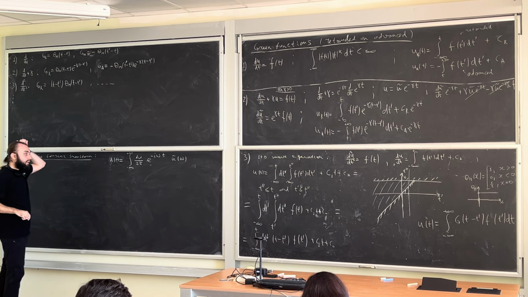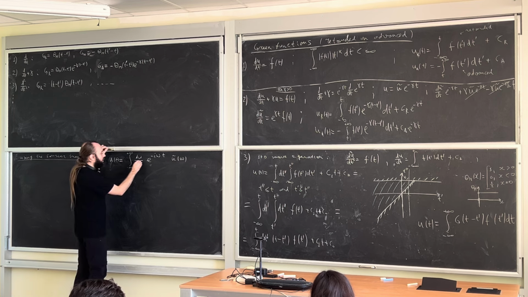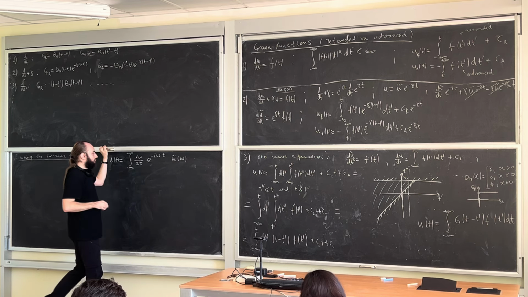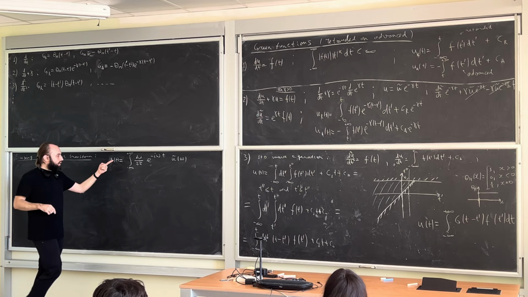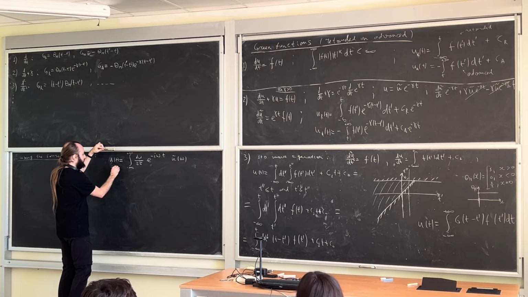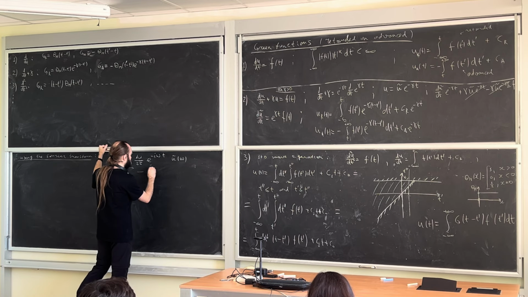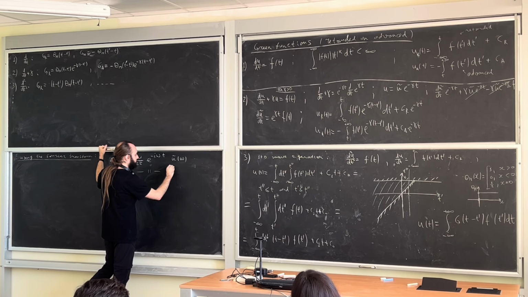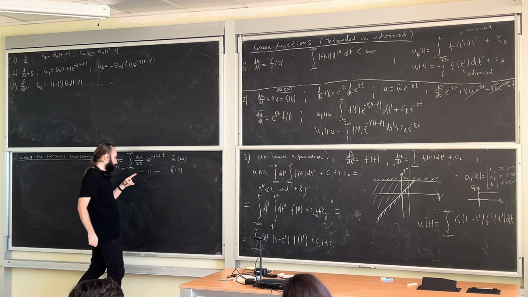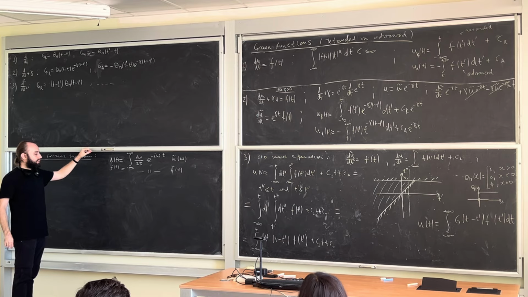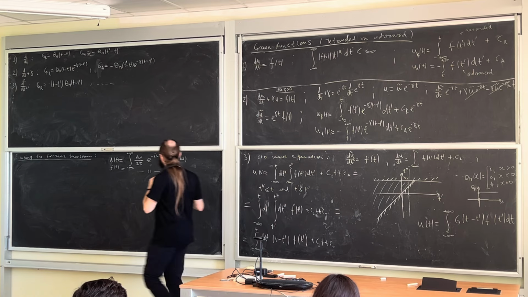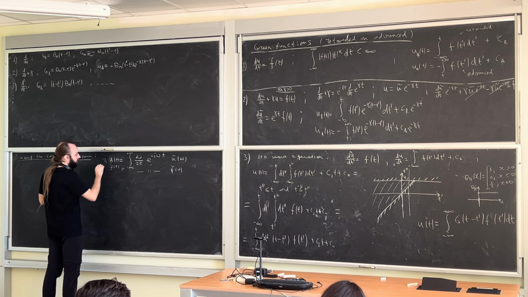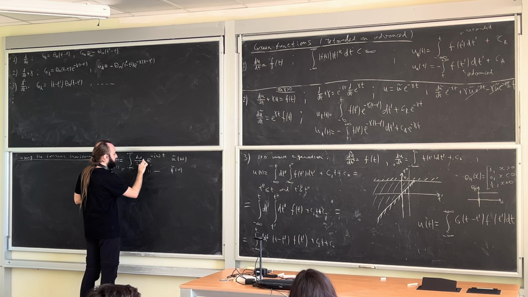The same for f of t. So we see that if we act here with the time derivative, then it produces a factor minus i omega.